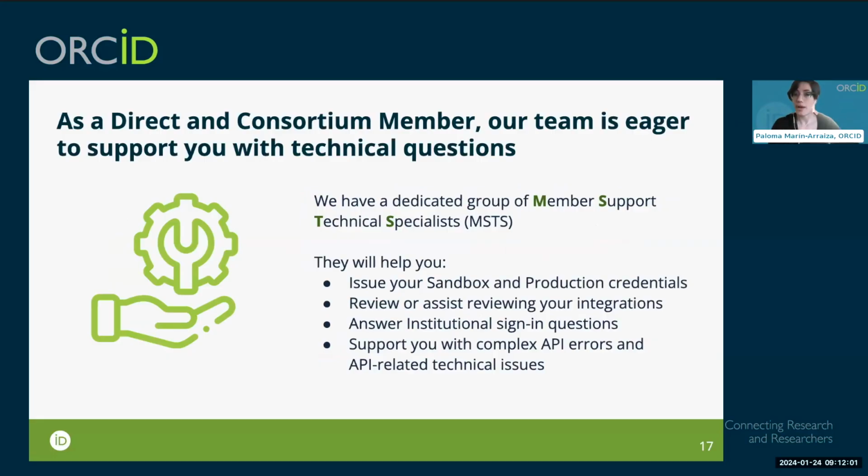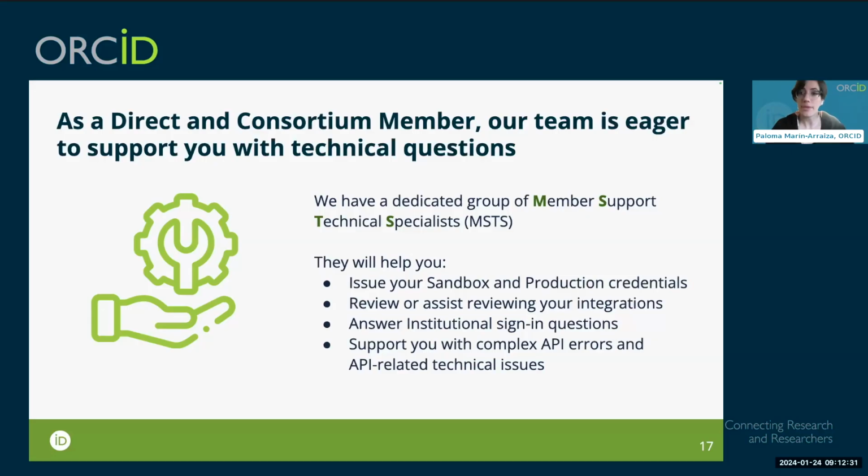Both as a direct member and as a consortium member, our team will be there to support you. Specifically, when it comes to technical questions, we have a group of member support technical specialists, and they will help you with the sandbox and production credentials. So the sandbox, the credentials for the test environment, and production, the credentials for the live environment, and also all the things related to those credentials.